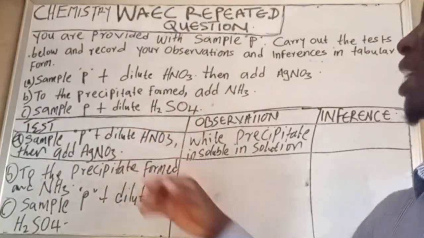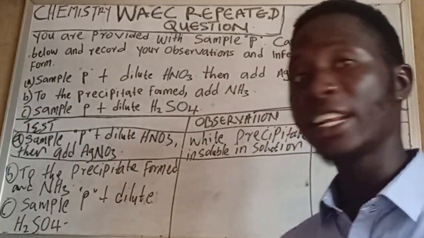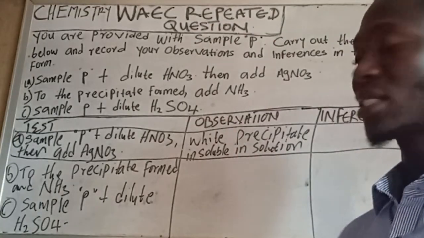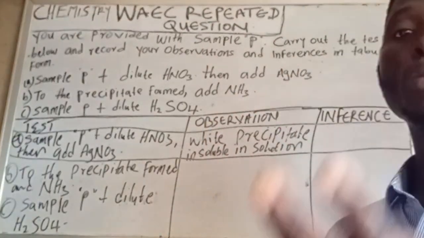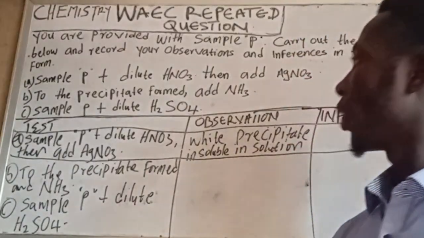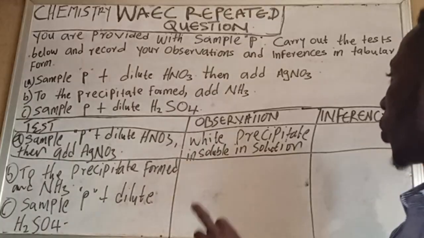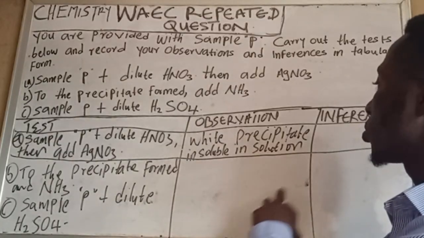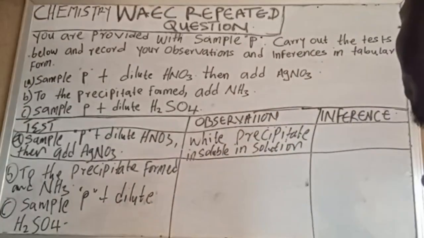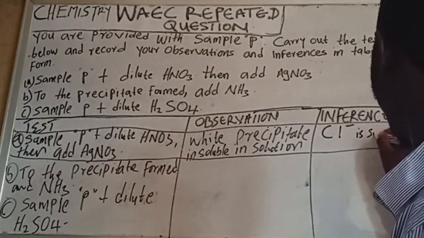If nitric acid has already removed other ions, it means the halides remain, either chlorine, bromine or iodine. When silver reacts with halide, the only white precipitate that forms insoluble in solution is with chlorine. So we write Cl⁻ is suspected.